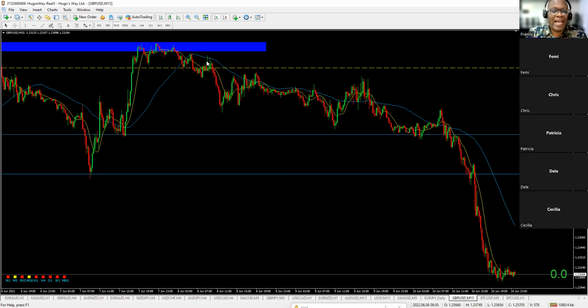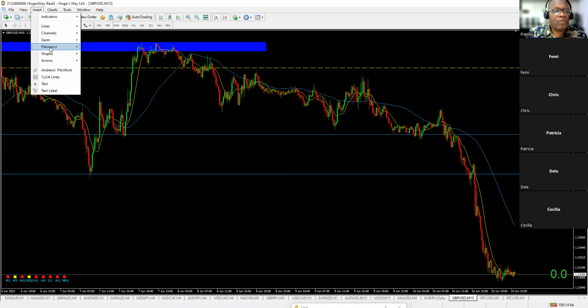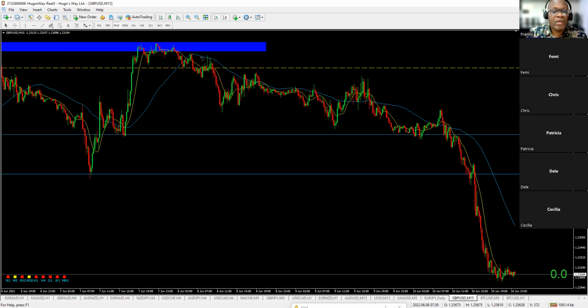Okay, so we're going to apply it here now. So click on Fibonacci. We select the expansion tool. We are starting from the beginning of the swing. Click on it and hold down, drag to the swing low, and let go. So we now have this bit, call it the handle.